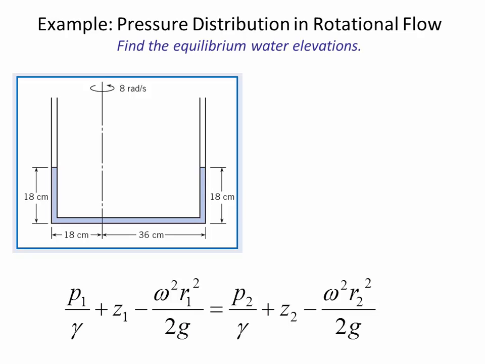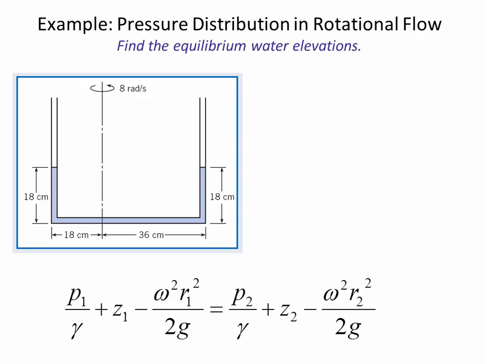So that's going to simplify our rotational flow equation. If we have our rotational flow equation, P1 divided by gamma plus Z1 minus omega squared R1 squared divided by 2G is equal to P2 divided by gamma plus Z2 minus omega squared R2 squared divided by 2G.